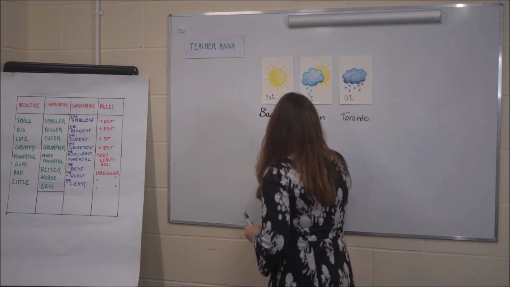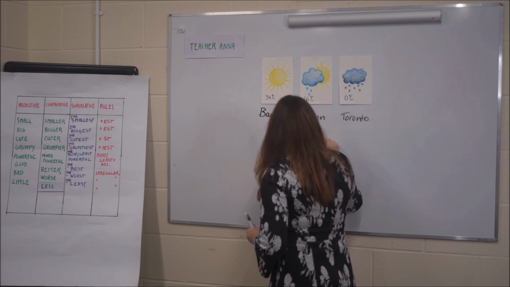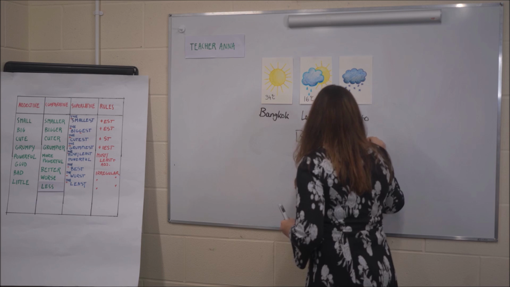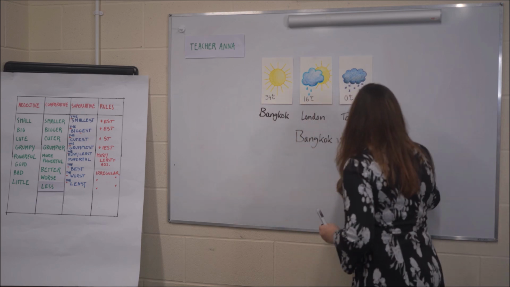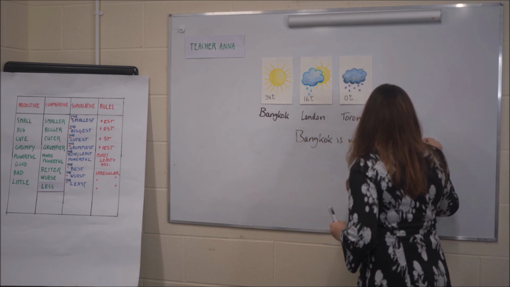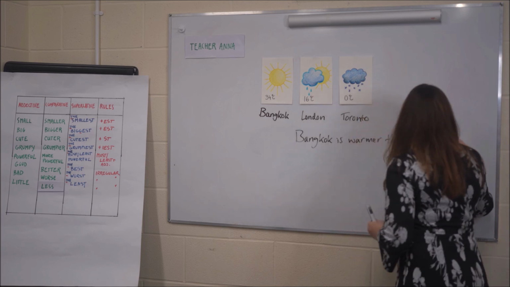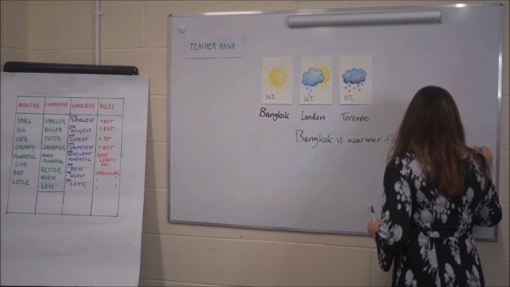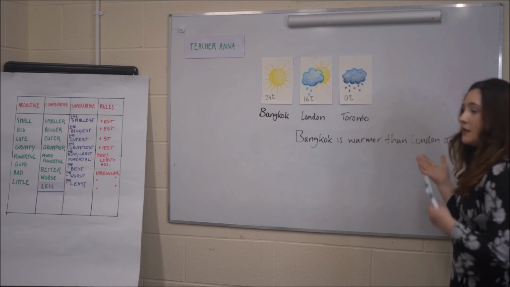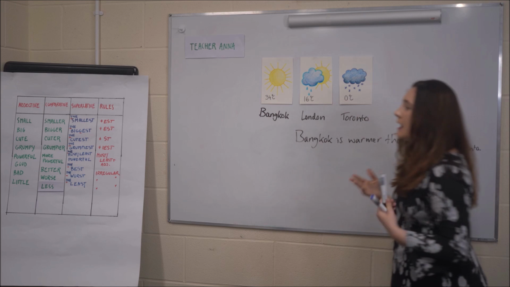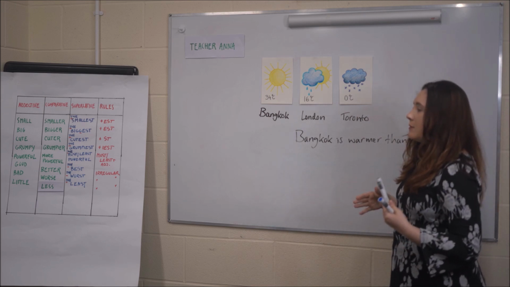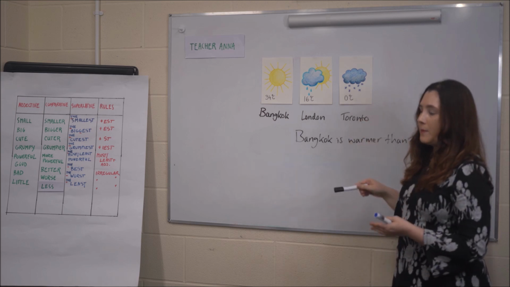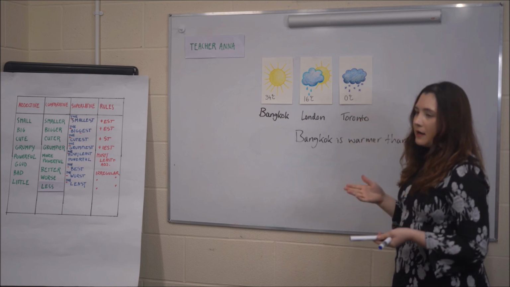Let me just write this down. Now, there's another way we can say this. How would we describe the temperature in Bangkok out of all three of them? What does it make Bangkok?